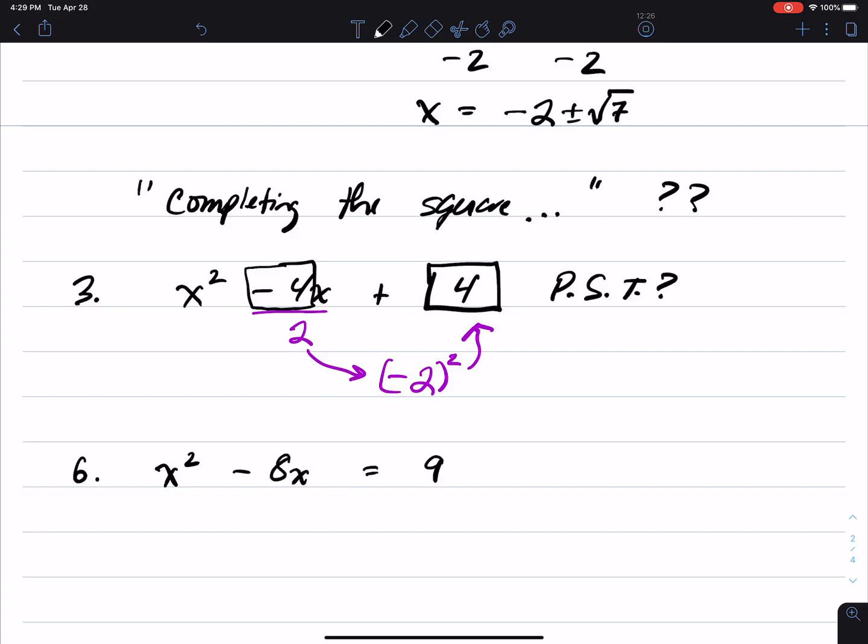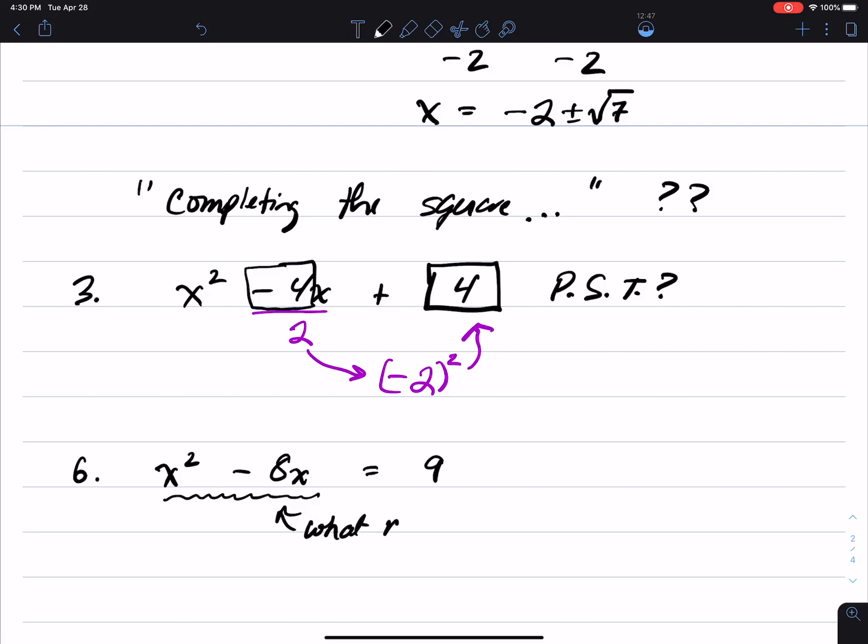Recall that before, what we would have you do is subtract 9 from both sides and then try to factor it. But what we're going to try to do here instead is, with these 2 terms out of 3, it's just a binomial right now, we want to complete it so that it's a perfect square trinomial.